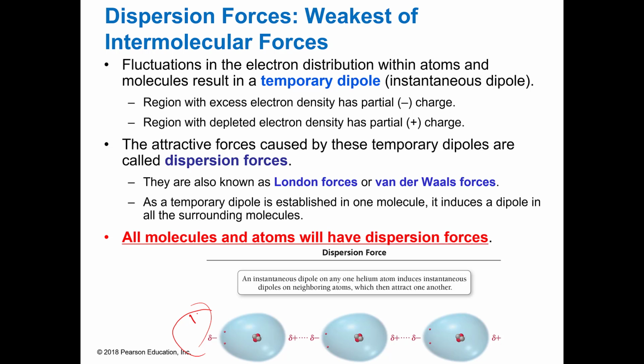So if you've got something positive out here and it comes close to your molecule, it's going to pull your negatives, your electrons, close to that. And this is what we call these temporary dipoles, dispersion forces.